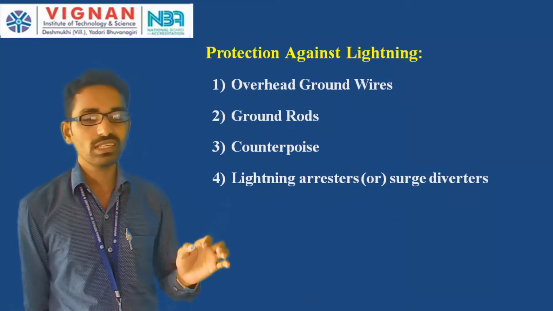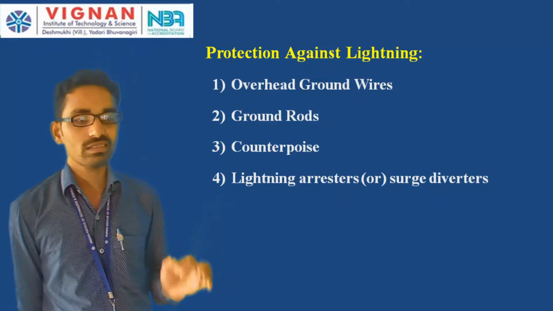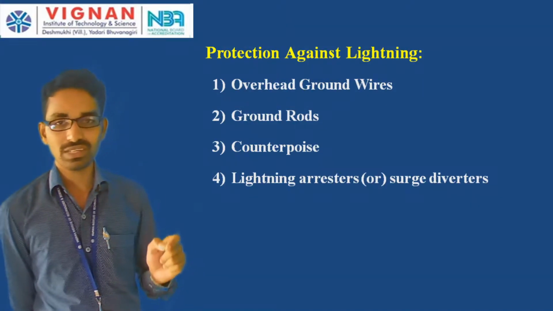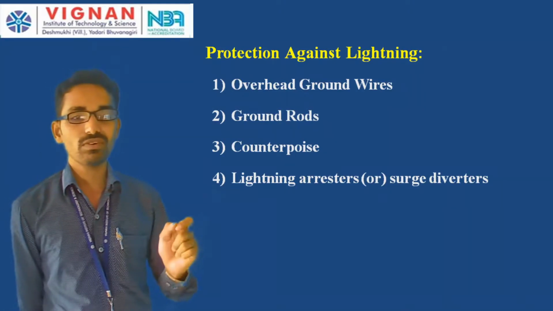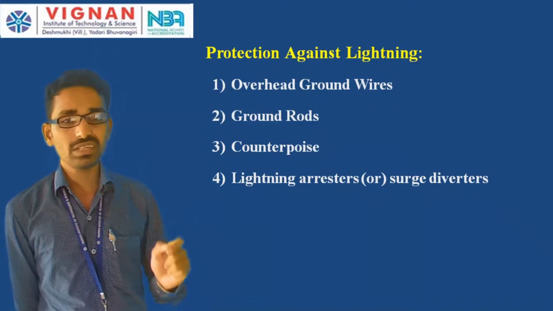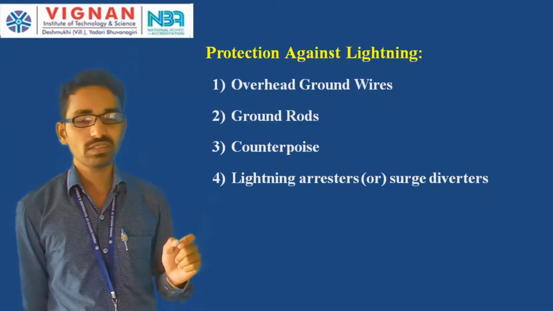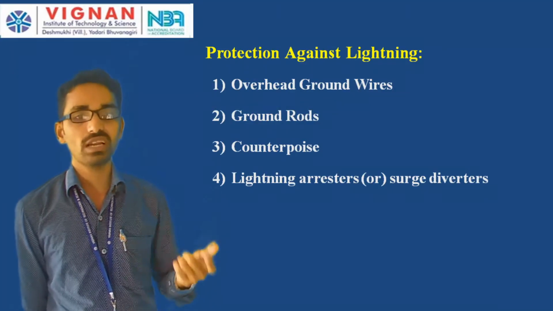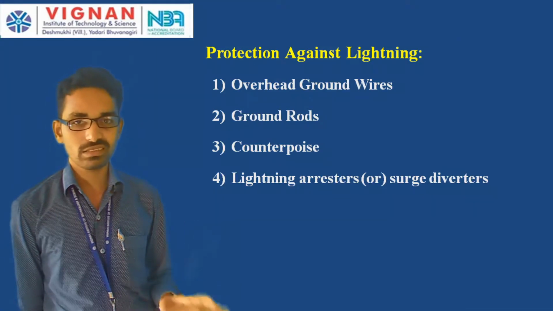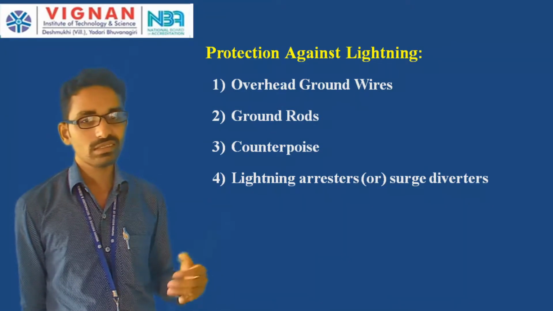The fourth one is lightning arresters or surge diverters. These provide protection against traveling waves which are produced due to lightning.